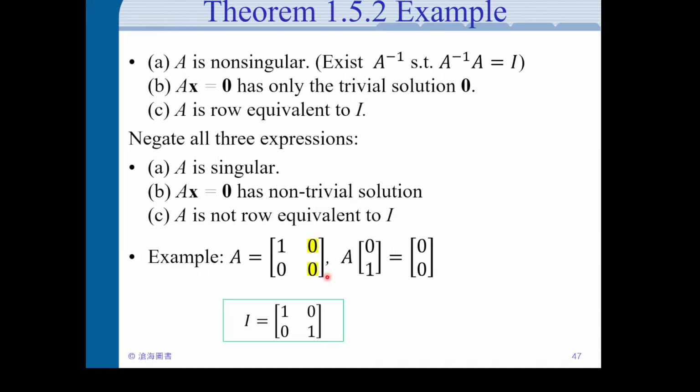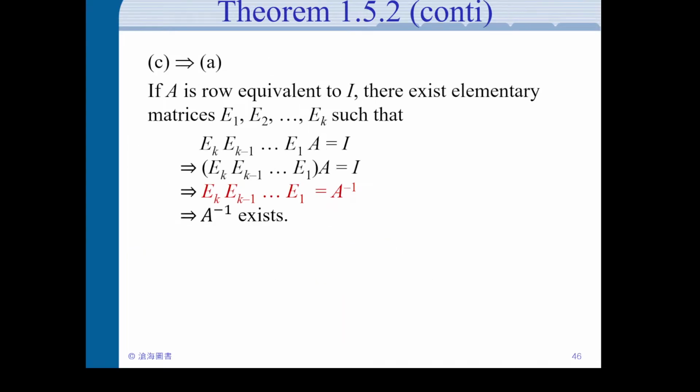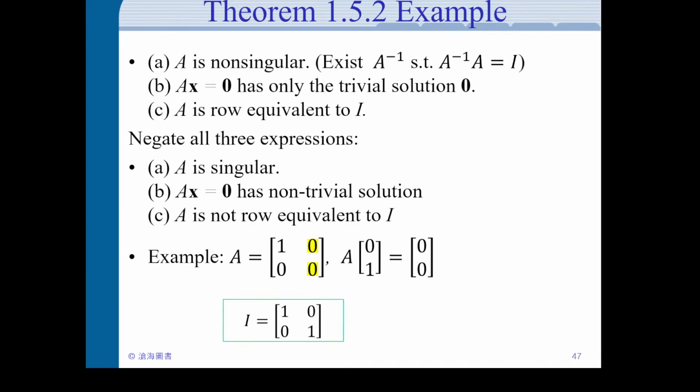So no matter what row operation you do on A, the last column will be 0, because a row operation only makes a column a linear combination of those elements, so you can never make a 1 out of those with just row operations. Okay, so that's a bit more on theorem 1.5.2.